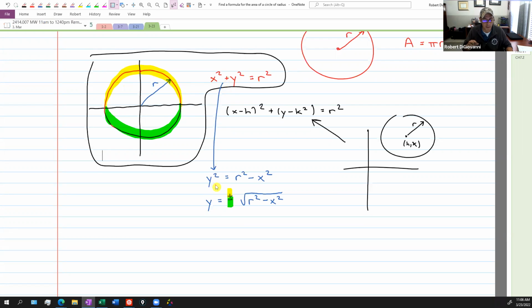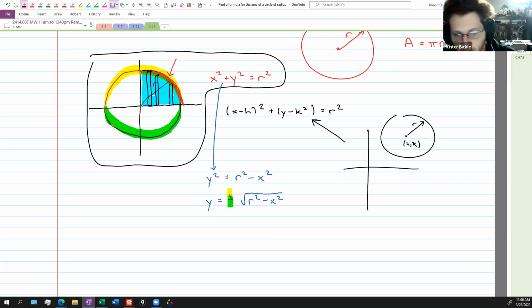So here's how I'm going to go about this. I'm going to try and find the area of this circle by just looking at the first quadrant and only looking at the area underneath this corner piece of the top function. If I were to draw a rectangle in here, no matter where I draw it, what would the top function be?